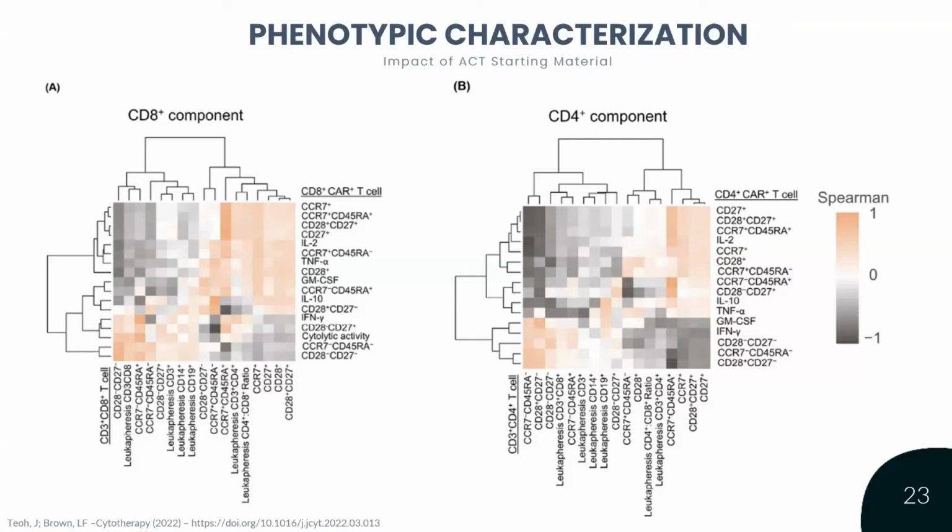So for the stats nerds out there, what this is measuring is how well one quality of your incoming cells correlates with some of the outgoing phenotypes of your modified CD8 positive, CAR positive T cells.